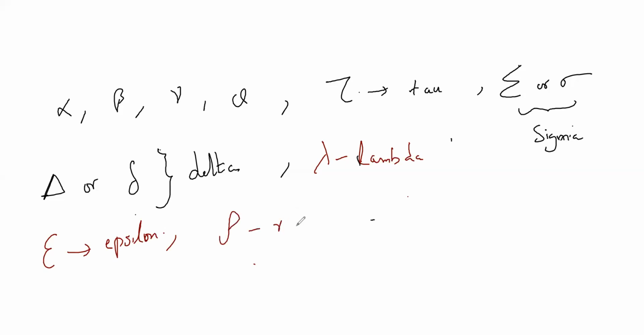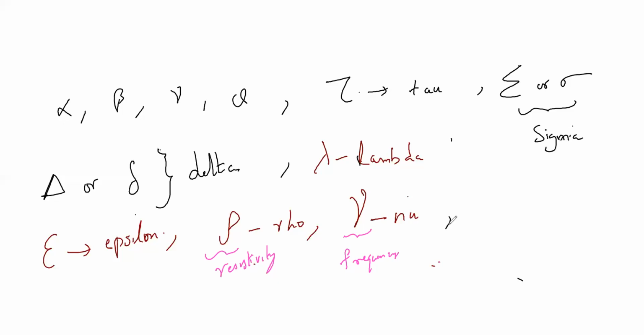This also I think you know, rho. And this is called nu, which is given for frequency. Nu symbol is for frequency. Rho is for resistivity. Epsilon, I'll tell you once it is needed.